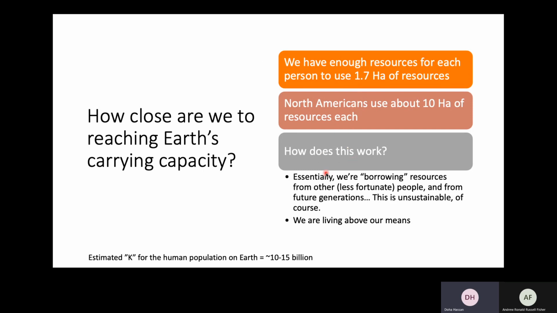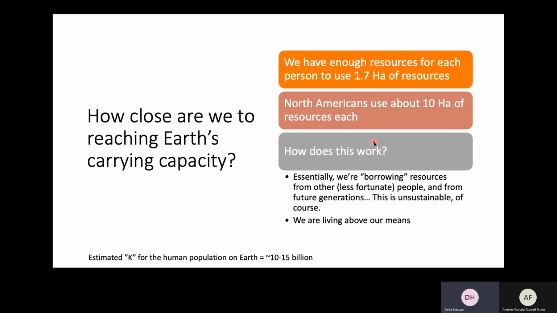Basically, what we're doing right now is borrowing resources. North Americans are borrowing resources from other, less fortunate populations and also from future generations. Because we're basically only given 1.7 hectares of resources each and we're overusing it a lot, using about 10 hectares each, you can imagine that this has to come from somewhere.